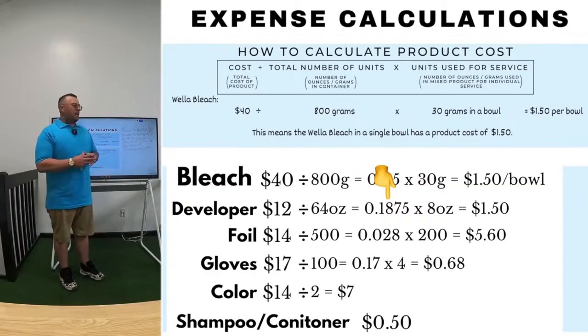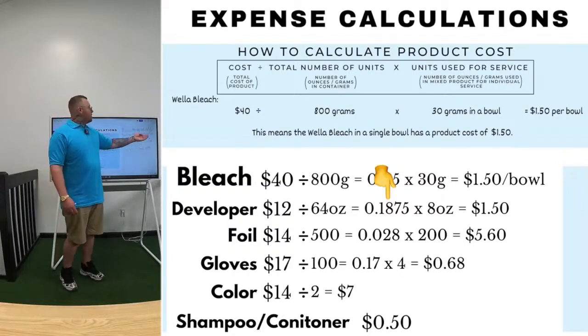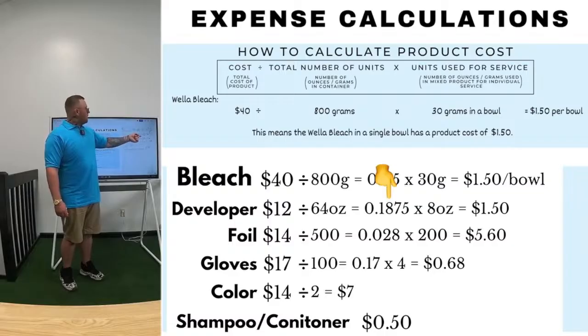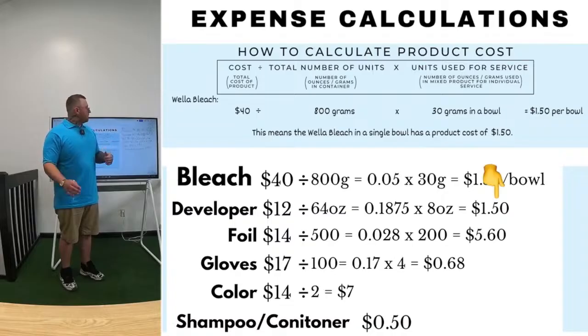And say at the end of the service, say I'm doing a full head highlight, so I'm using both developer for the light hair and the color toner. So say I'm using 8 ounces total, I would add up all the ounces. I would be doing 0.1875 times 8, which is $1.50.